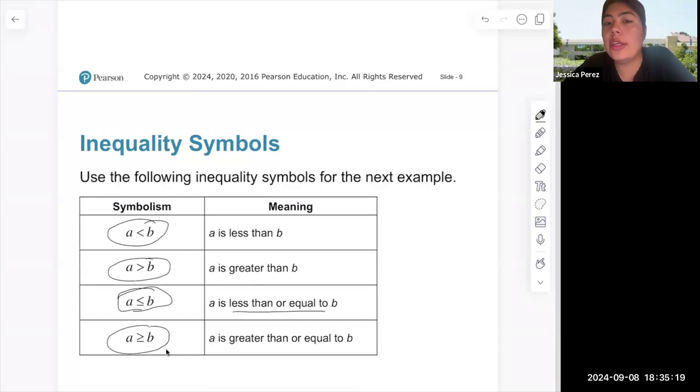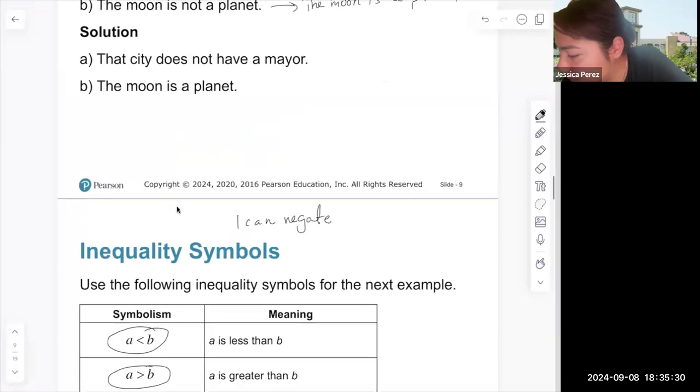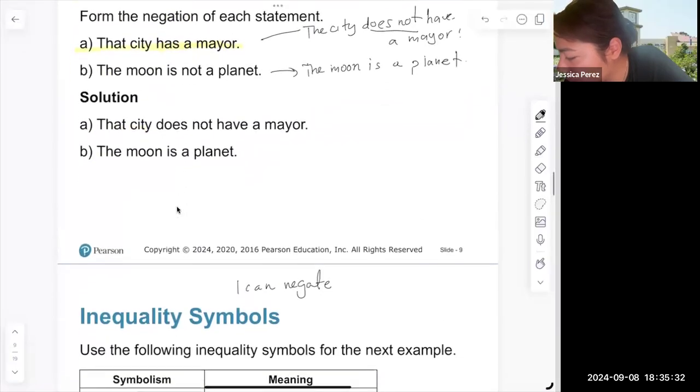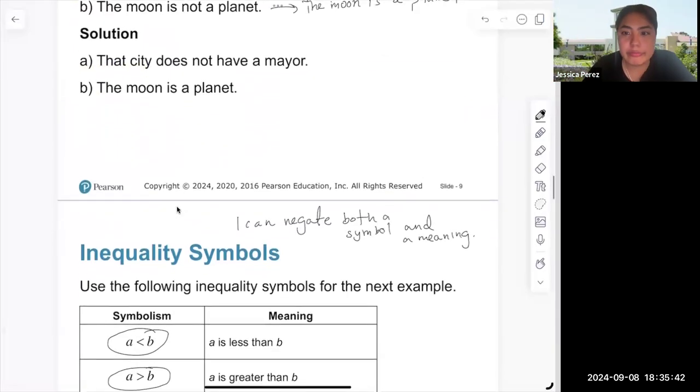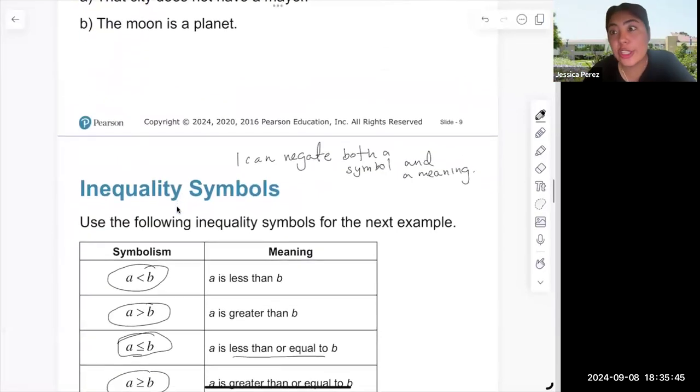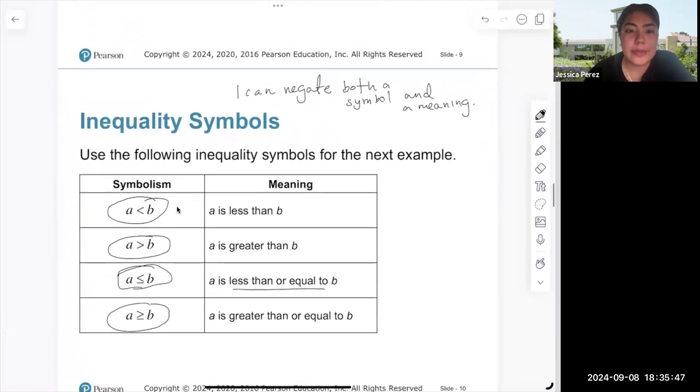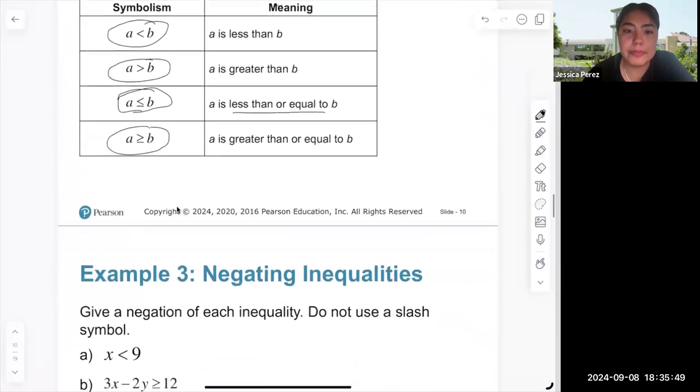So making sure that you are aware that I can change both. How? Well, by switching the order, and you'll see that very soon.